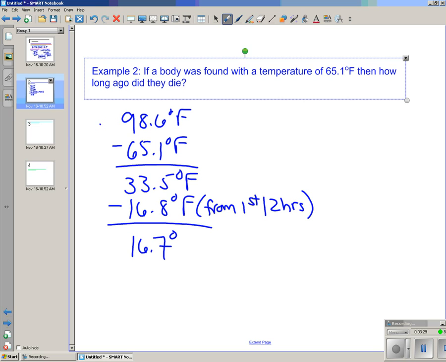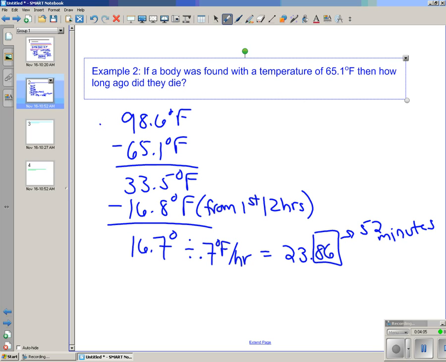So now, in the time after these 16.8 degrees was lost, we know that we lose 0.7 degrees per hour. So we're going to take 16.7 and divide that by 0.7 degrees Fahrenheit per hour, and that's going to leave us with 23.86 hours. Now we don't want to leave 0.86, so we're going to multiply that by 60 and round that to 52 minutes.